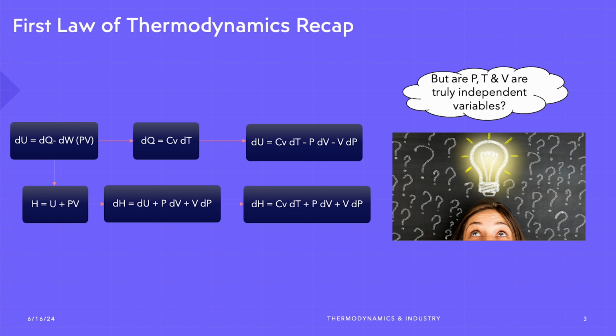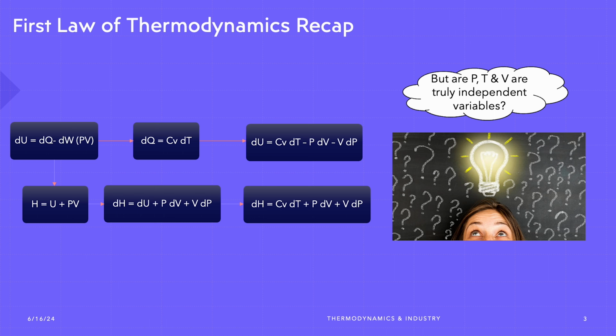And from calorimetry experimentations, it was found that there was a correlation between heat and temperature. That correlation was named specific heat at constant volume due to the calorimeter setup which was taking place at constant volume. Substituting into the internal energy equation, we concluded that internal energy as a state function is dependent on system temperature and volume.